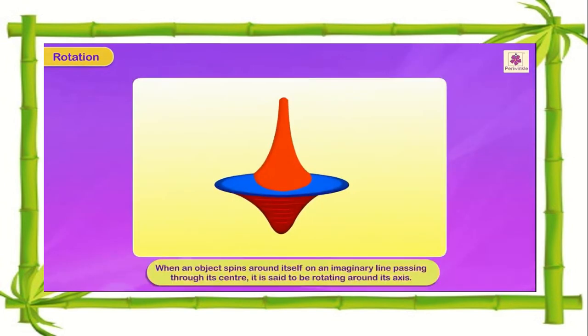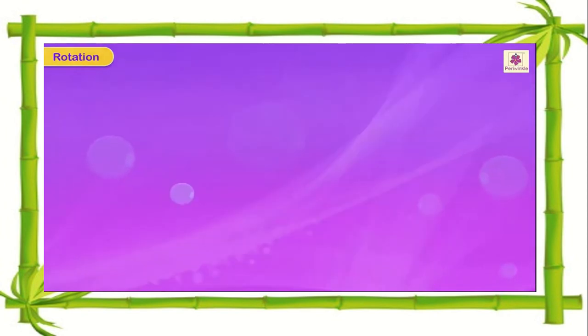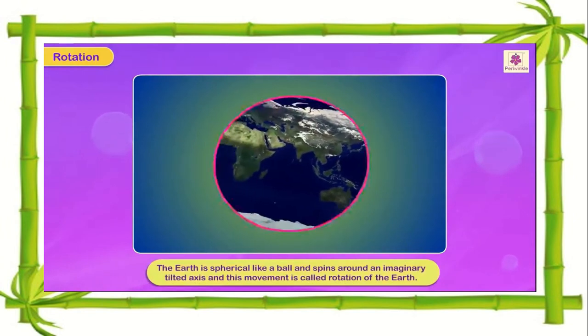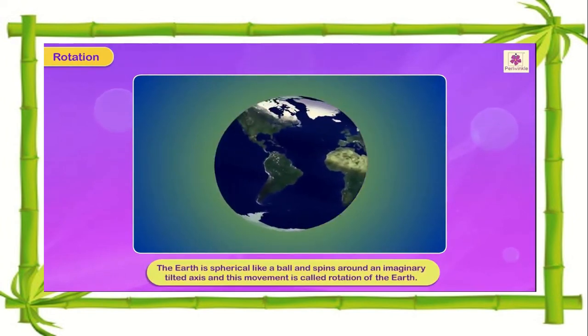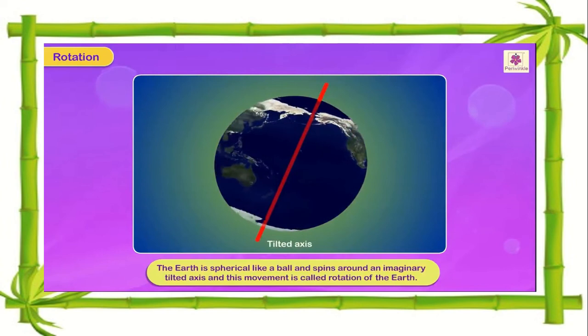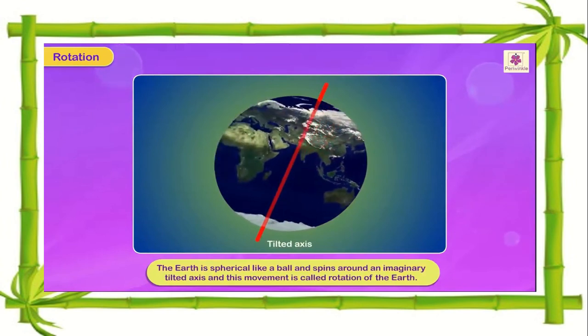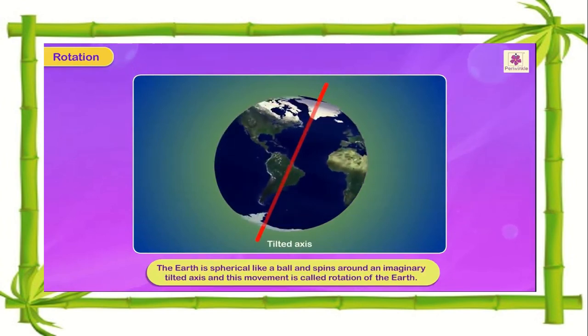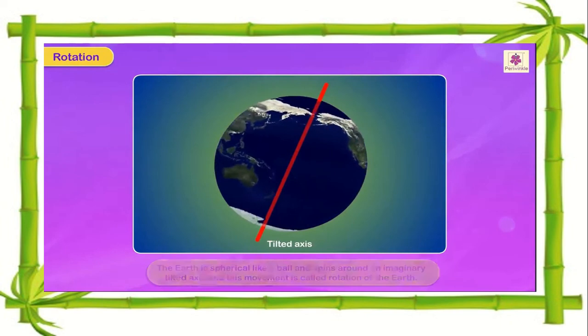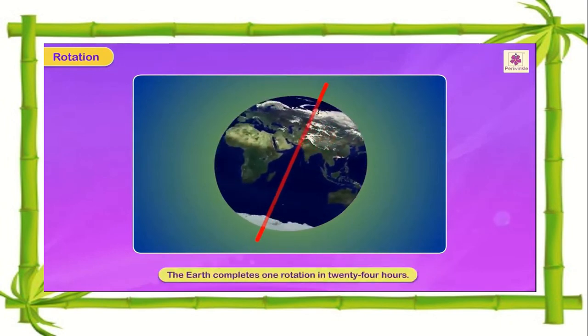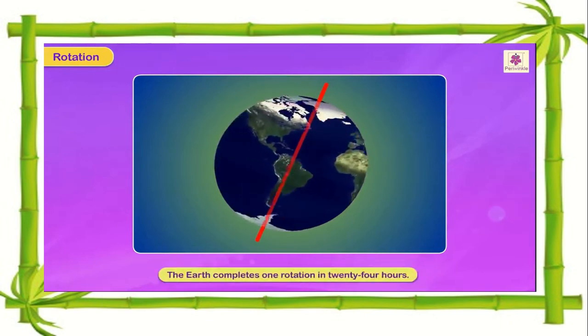When an object spins around itself on an imaginary line passing through its center, it is said to be rotating around its axis. The Earth is spherical like a ball and spins around an imaginary tilted axis, and this spinning movement is called rotation of the Earth. The Earth completes one rotation in 24 hours.